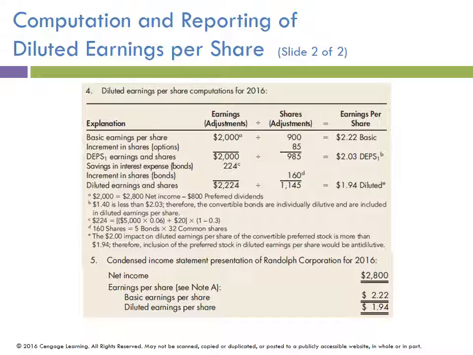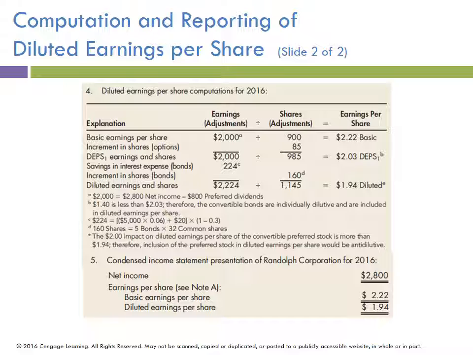The next thing, though, is we have to see what is our diluted earnings per share since we have a complex capital structure. We have items that can be converted into common stock. Well, the first item we take into account are stock warrants and options. In Part A, I think it was, they told us the number of new shares would be 85. Stock warrants and options have no impact on our numerator.